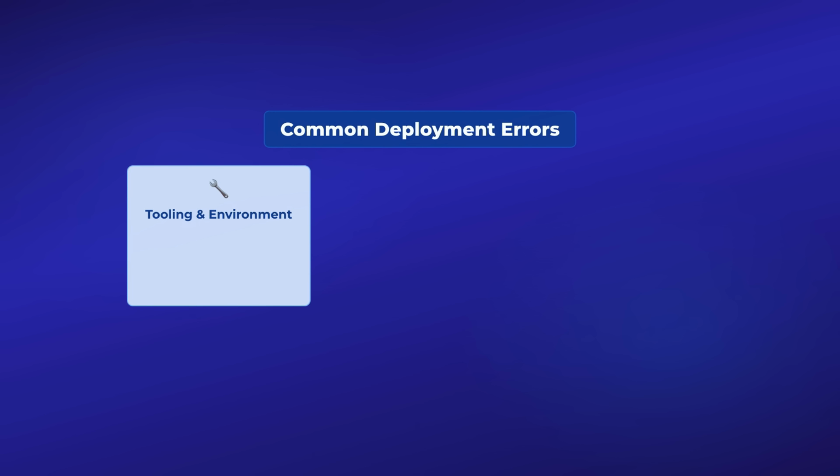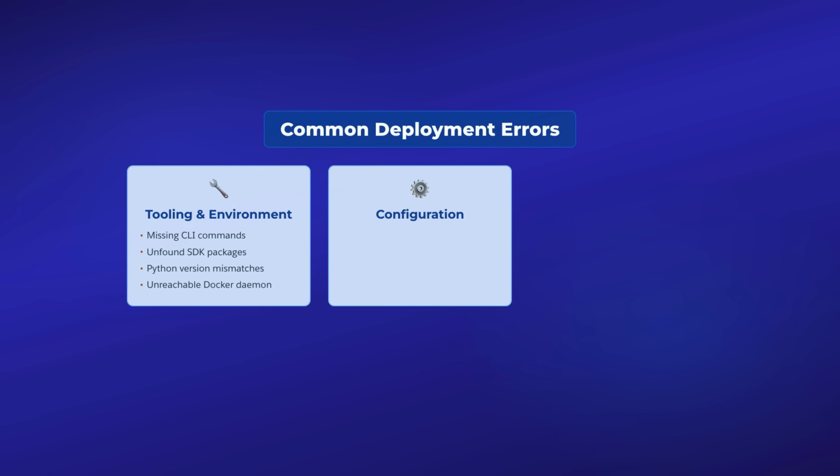Now, when deploying code extensions, you might encounter a few common errors. Tooling and environment issues usually present as missing CLI commands, unfound SDK packages, Python version mismatches, or an unreachable Docker daemon. Configuration hurdles typically involve missing org-aliases or absent config.json files.